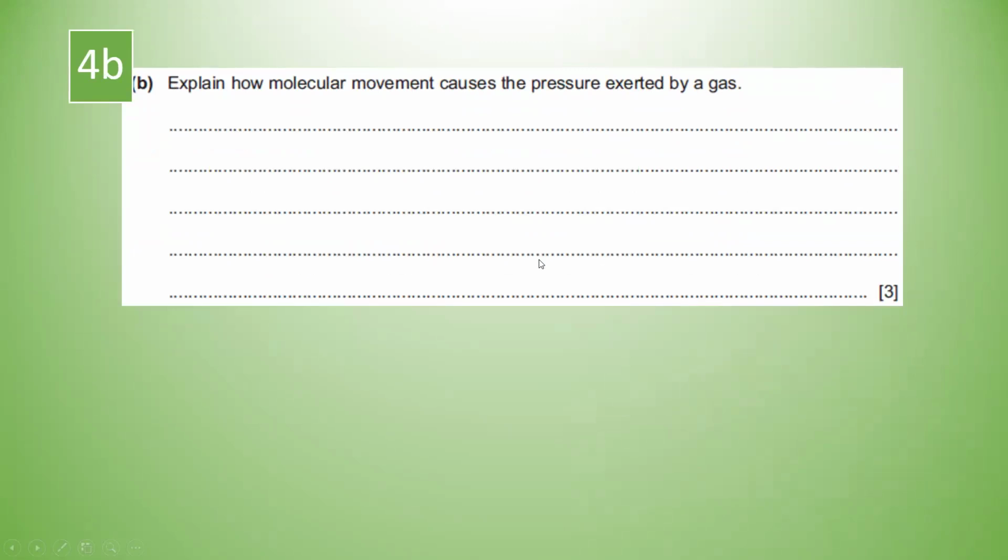Explain how molecular movement causes pressure exerted by the gas. Have a go. The molecules collide with the wall of the container and rebound. Momentum changes.